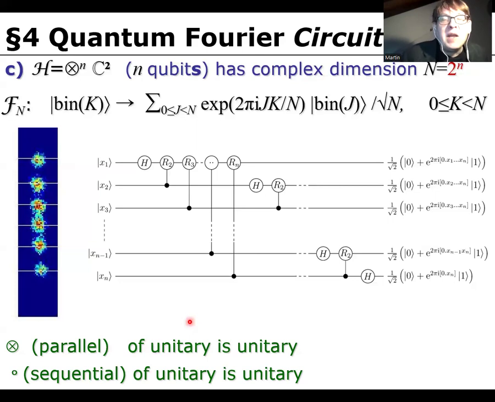And we can combine them easily because the tensor product of two unitary matrices is again unitary, and the composition of two unitary matrices is again unitary.